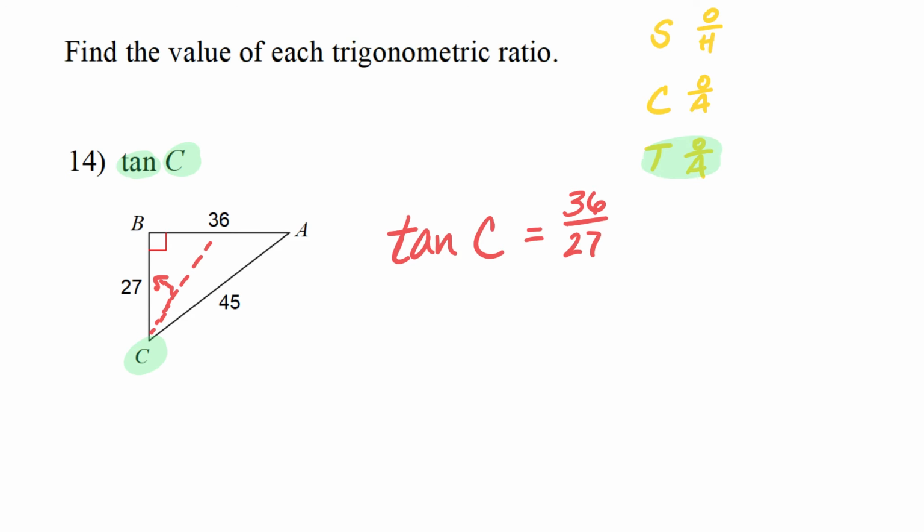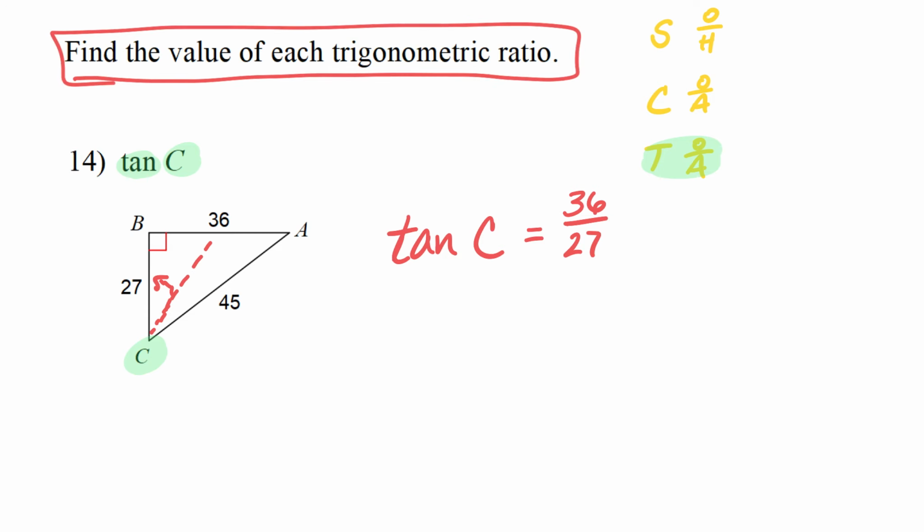So all we're asked to do on this is find the value of each trig ratio. So the trig ratio for tan C is just 36 over 27. But both of these numbers do have a common factor. Remember, you can use your calculator to reduce the fraction, but these are both multiples of 9.